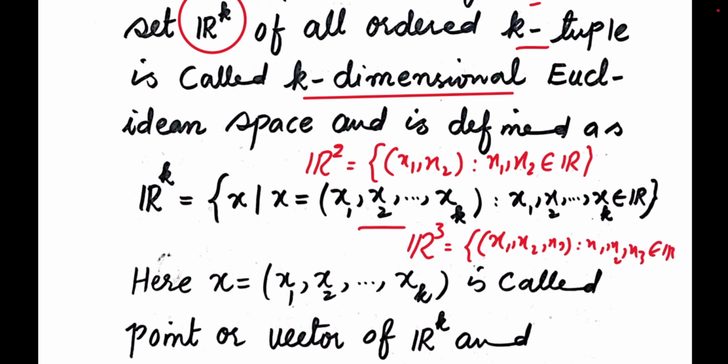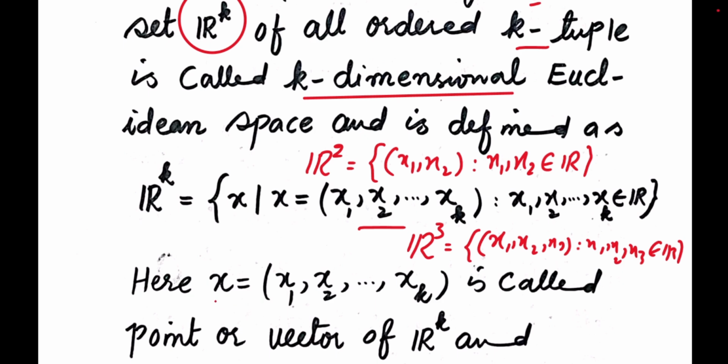So actually here R square, R cube, or even R are called Euclidean spaces, having dimension 1, 2 and 3. So in more general, if we have a space whose elements are k-tuples, it is called the k-dimensional Euclidean space.